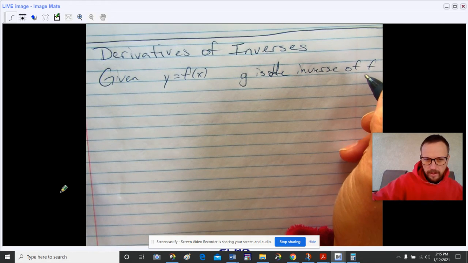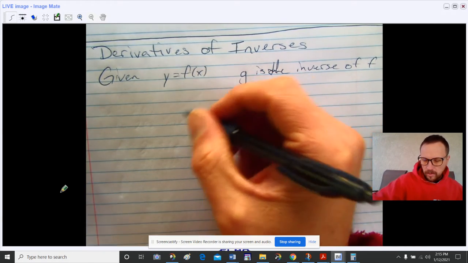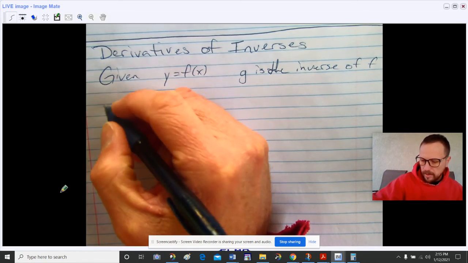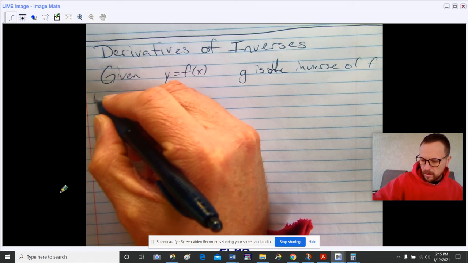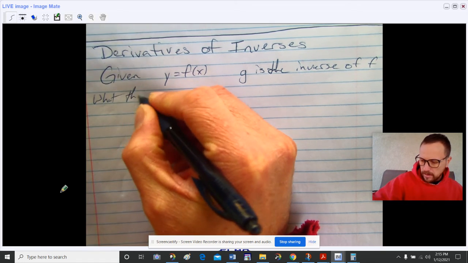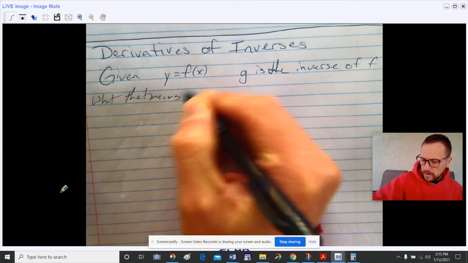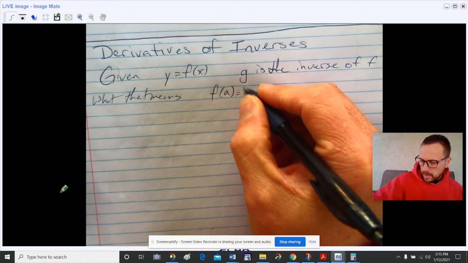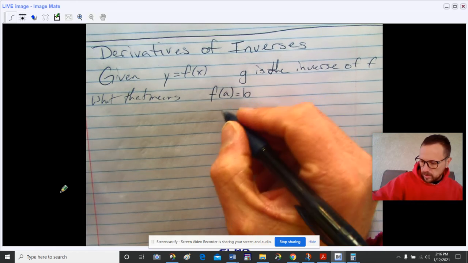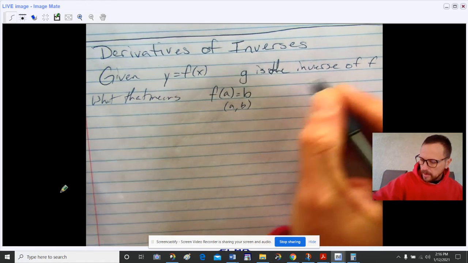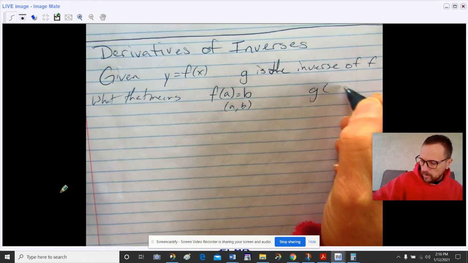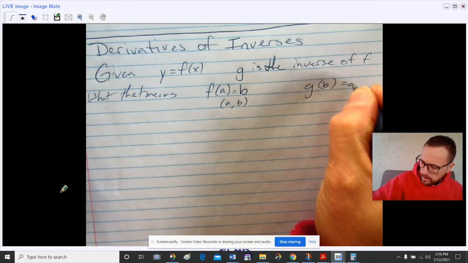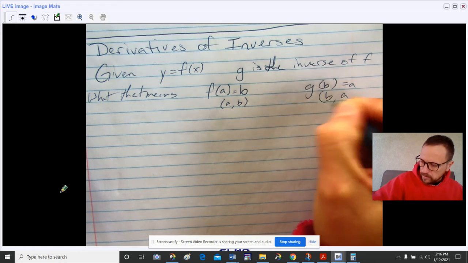Really what that means is, let's say f of a equals b, which means the coordinate (a, b). Then what equation would we write? We'd write g of b equals a, because that means (b, a).